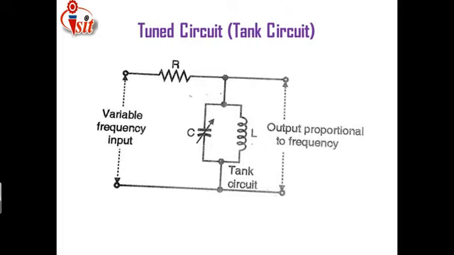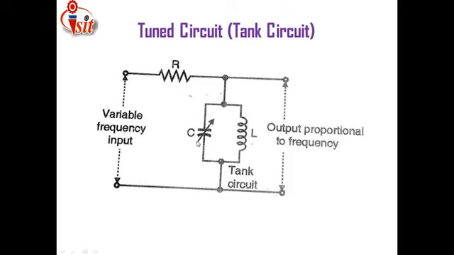For that tank circuit, we are applying variable frequency as an input, and this tank circuit is designed by the connection of inductance and the variable coupling capacitor parallelly with each other, and this structure we are calling it as a tuned circuit or a tank circuit.